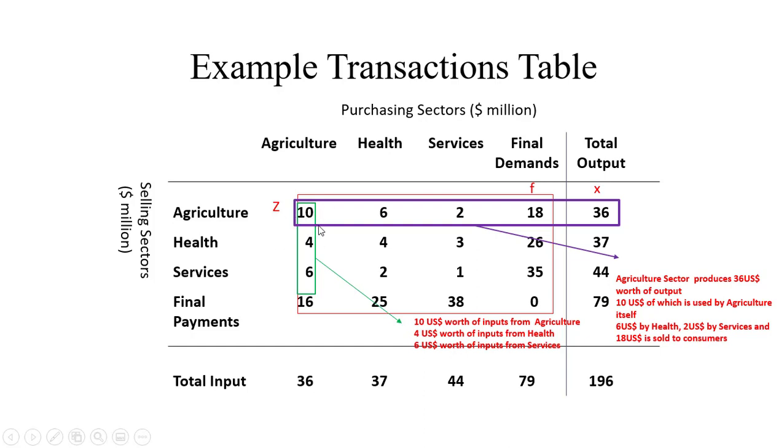Similarly, agriculture sells $6 to health, $2 to services, and $18 is sold to consumers, and this is the total output. Similarly, this is the total input for the agriculture sector: $10 worth of input from agriculture, $4 from health, and $6 from services.